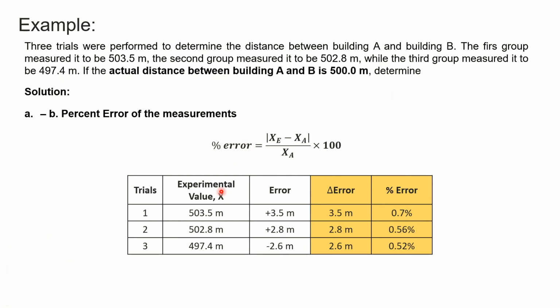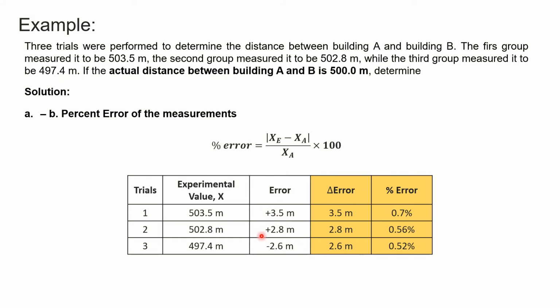Here: 503.5 minus the accepted value 500 is equal to positive 3.5 meters. 502.8 meters minus 500 meters is equal to positive 2.8 meters, and 497.4 meters minus 500 meters is equal to negative 2.6 meters.